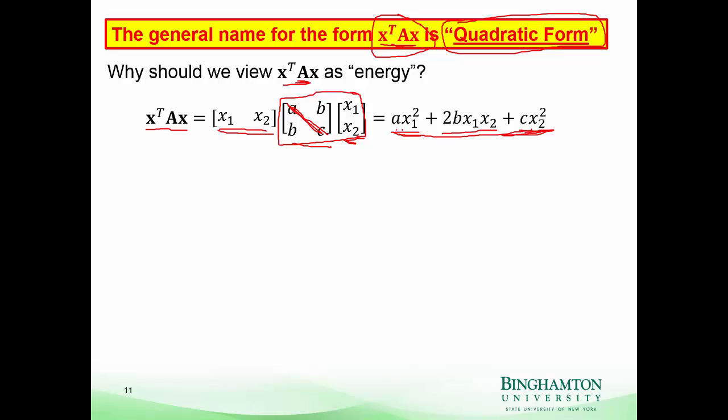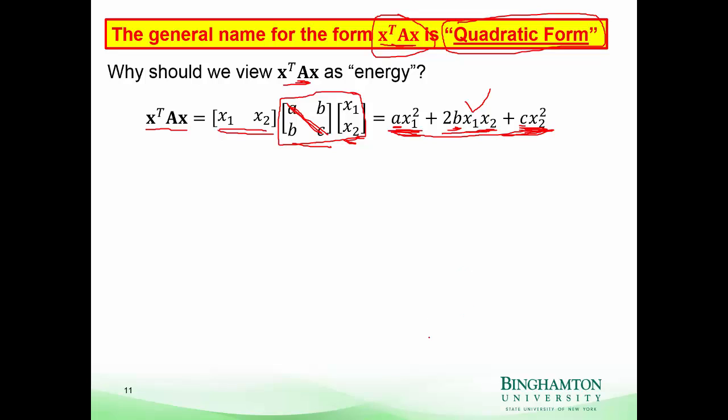So notice that this term here will certainly be positive if A is positive, which we've seen needs to be the case for a positive definite. And this term will be positive if C is positive, which we've also seen needs to be the case for a 2 by 2 positive definite matrix. But this term, B, we haven't put any constraints on that as far as it must be positive. And x1 and x2 can take on individual values, so x1 could be positive while x2 takes on a negative value.